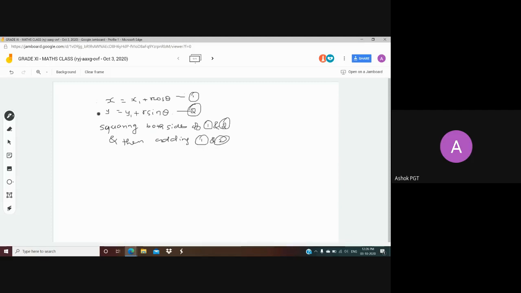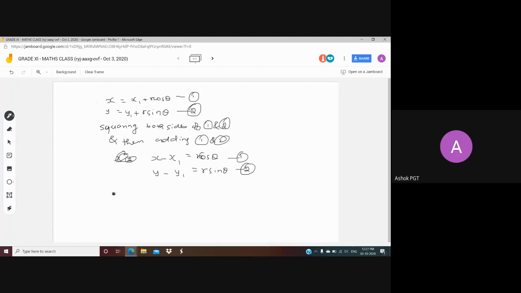First we will rewrite the first equation. x minus x1 is equal to r cos theta and y minus y1 is equal to r sin theta. I have just rewritten the first equation and the second equation.